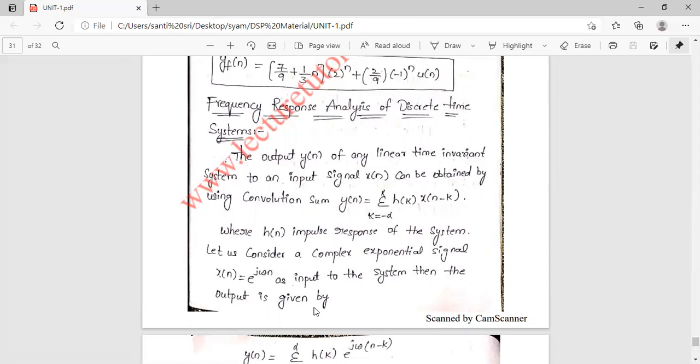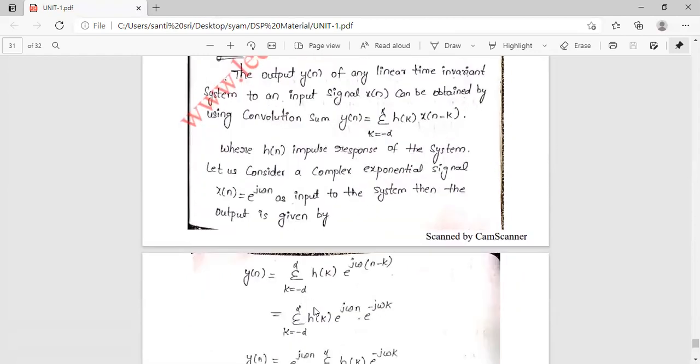Okay, so let us consider a complex exponential signal, that is x of n equal to e power j omega n, as input to the system. Then the output is given by y of n equal to sigma k equal to minus infinity to infinity h of k into x of n minus k, which can be written as e power j omega (n minus k).